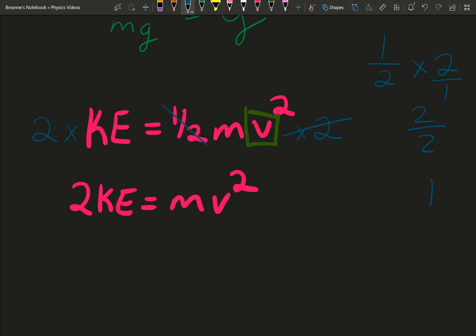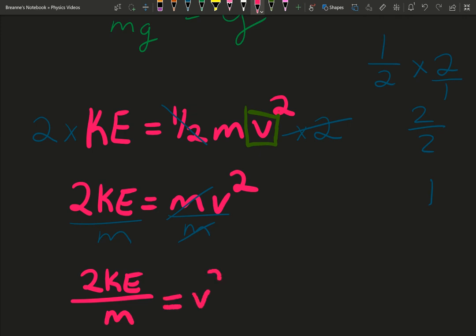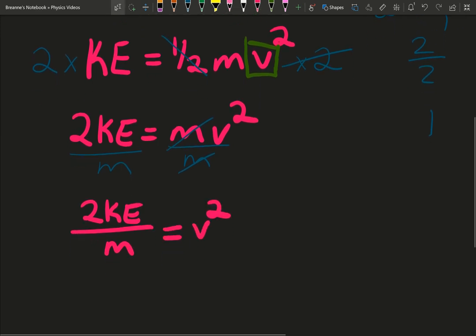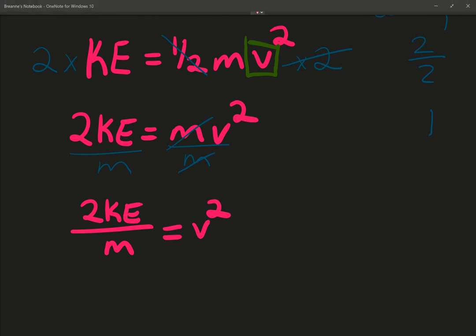We still need that v by itself, so we need to do something with the m. The m's being multiplied. Again, the opposite of multiply is divide. And what you do to one side, you've got to do to the other. And m over m just gives you a 1. And so you get 2KE over m equals v squared. Now here comes the tricky part. What's the opposite of a square?